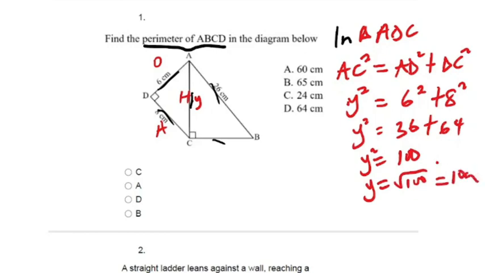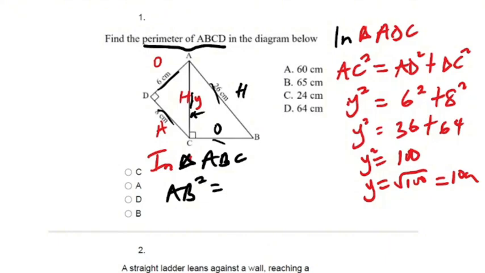We can also apply Pythagoras theorem in triangle ABC. AB is the hypotenuse, this becomes opposite and this becomes adjacent.